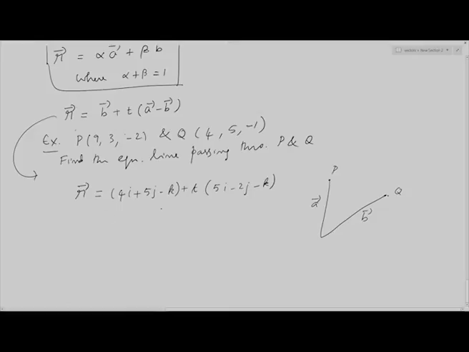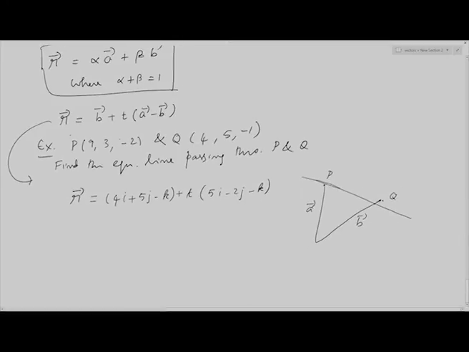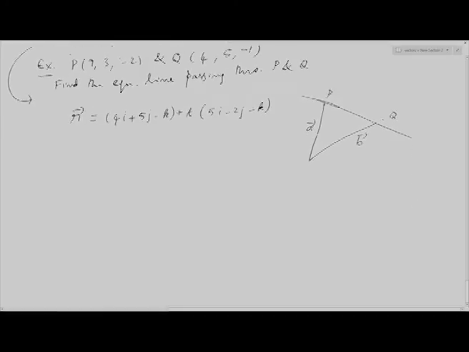So this is the equation: for every value of t, we have a point on the line PQ. So, this is the equation of the line.